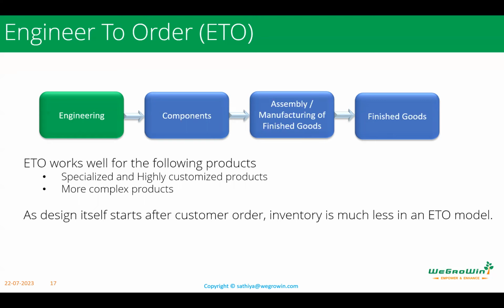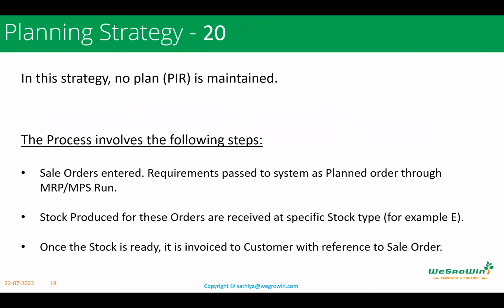But in the case of other interiors, where your living room and other things, they will design everything along with you. Then only they deliver it. That is called engineer to order. So for highly specialized products, there is no plan here because everything is make to order, engineer to order. So straight away the order will be received. Strategy will be 20. Okay, strategy will be 20.